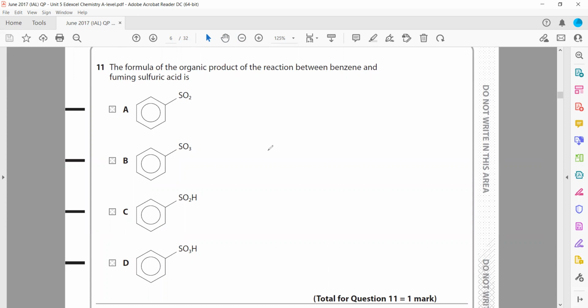And what happens with the fuming sulfuric acid is that this HSO3 attacks the benzene ring. Basically, it is H2SO4, but directly.